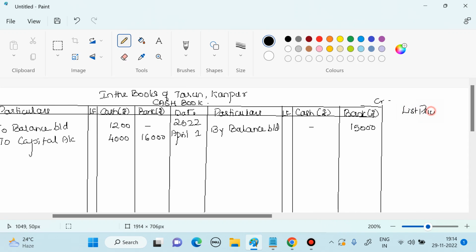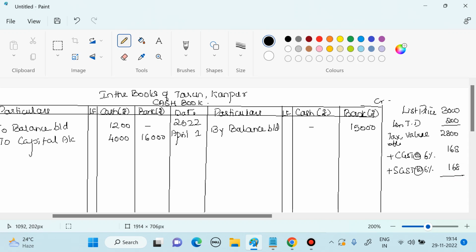List price was 3,000 less trade discount 200, so 2,800 was the taxable value. Now on this we have to add CGST at the rate of 6%. 6% of 2,800 comes to 168, and we would also add SGST at the rate of 6%, 168. So total that up, that would be the total value of the transaction.